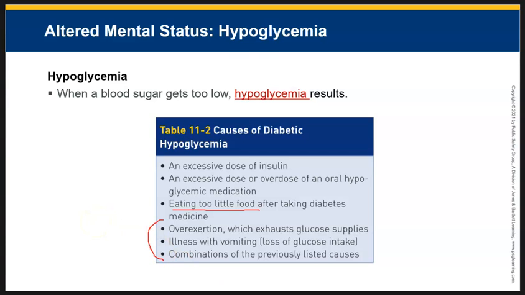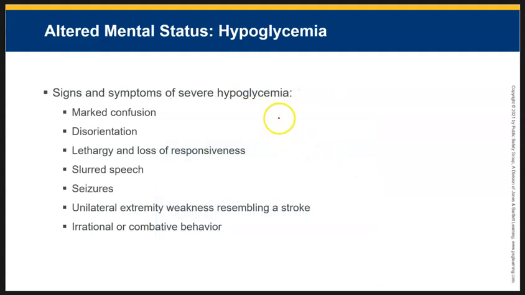Some of the signs and symptoms: not having enough sugar in the bloodstream, and the altered mental status that can occur is confusion or disorientation, being lethargic, slurred speech, or in some cases even seizures occurring.